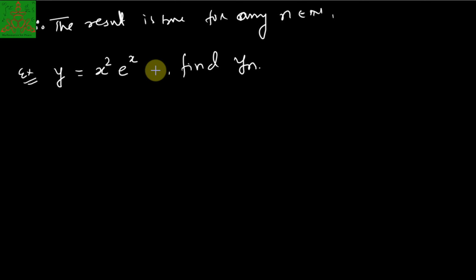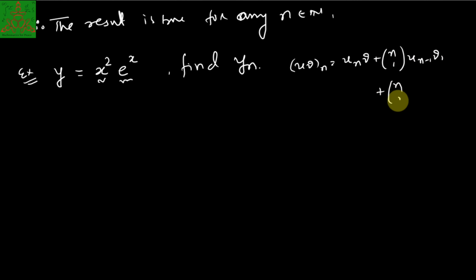As per the rule, this is a product of two functions. Your rule is u_n v plus nC1 u_(n-1) v1 plus nC2 u_(n-2) v2 and so on. The last term is u v_n.